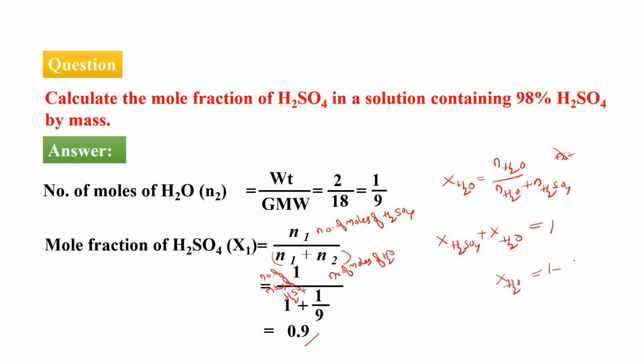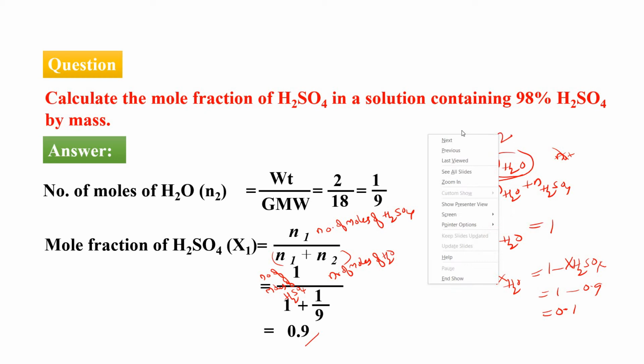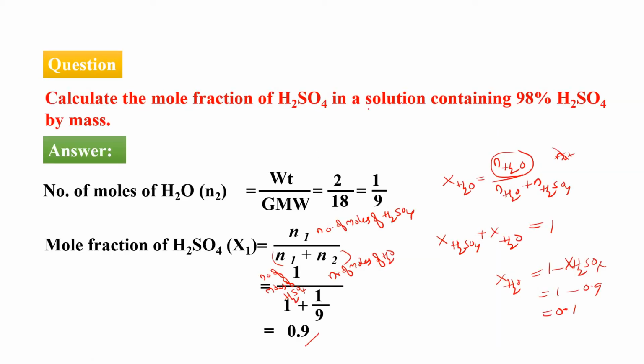So the mole fraction of water will be 1 minus the mole fraction of H2SO4, that is 1 minus 0.9, which is 0.1. If you do it with the formula, the number of moles of water is 1 by 9, and the number of moles of H2SO4 is 1. Substitute here and you will get the same answer only.